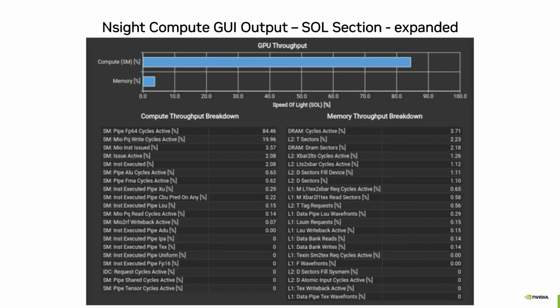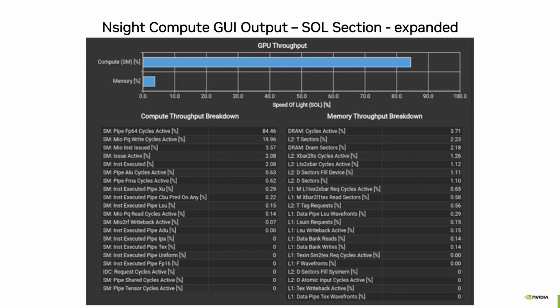Moving on, the next part of this report section depicts bar charts showing the relative utilization of compute throughput and memory throughput for this kernel. These are basically the same numbers as the compute SM throughput or memory throughput numbers already covered, expressed graphically.